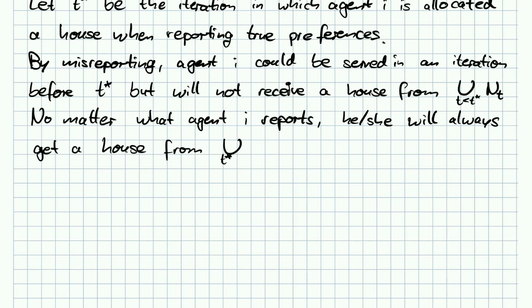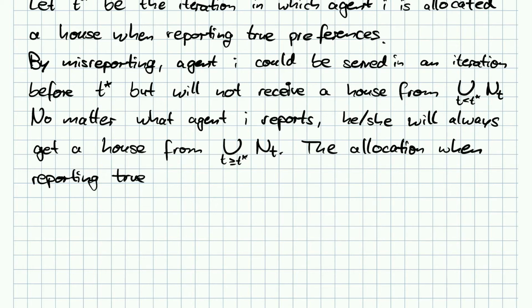So from T star onwards, and the allocation by the algorithm when reporting true preferences is the most preferred of these houses.